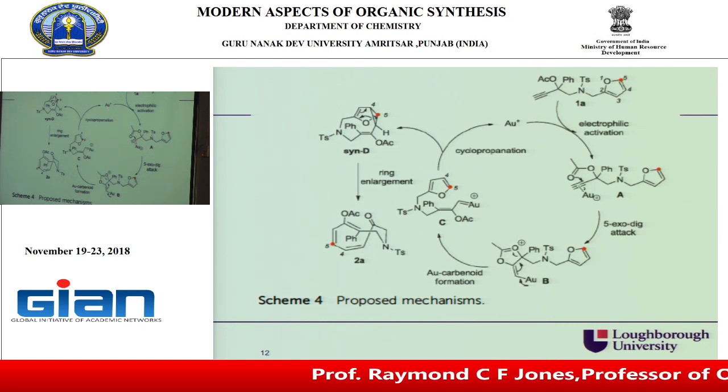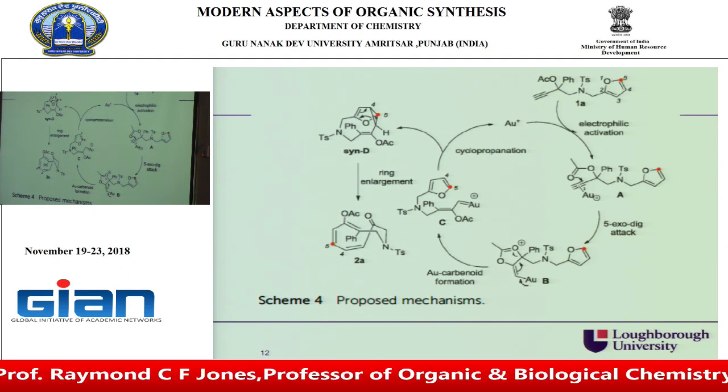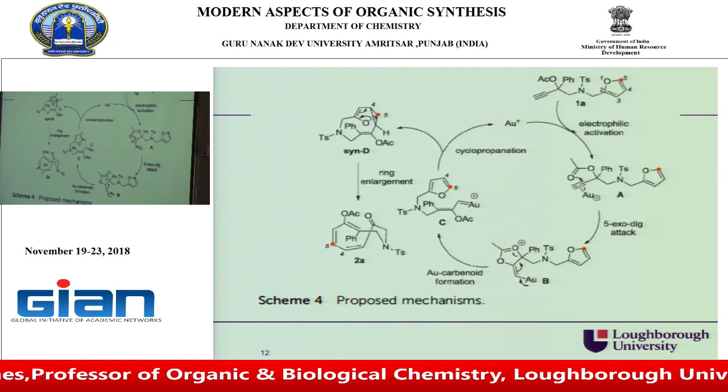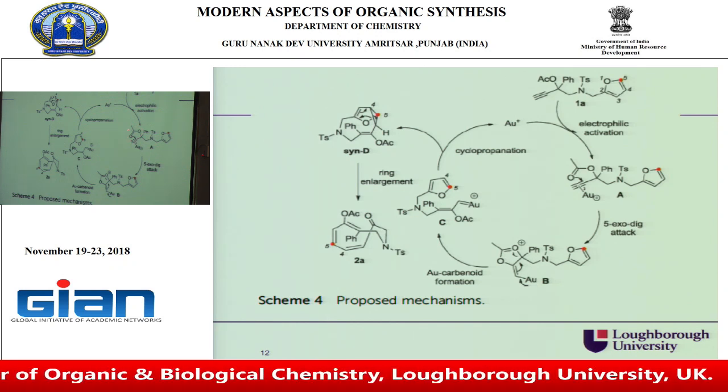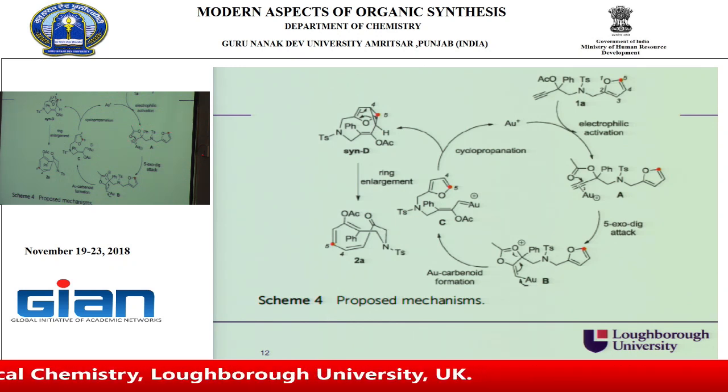Yes, you are still getting gold complexing to the alkyne and giving electrophilic activation. The nucleophile that's adding to the alkyne is the neighboring group. So it's a neighboring group participation. That was the bit that I hadn't realized till I saw this. So forget all the rest of this stuff. This is a different example.